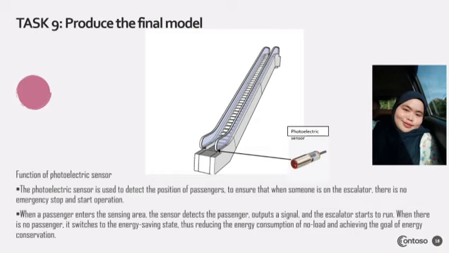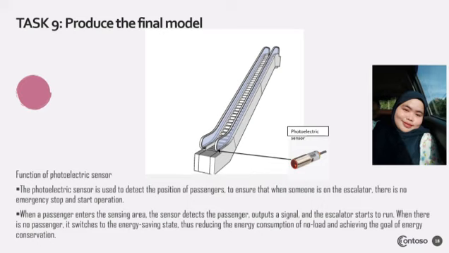For task 9, as you can see, this is our final model, and we put the photoelectric sensor in the escalator, as you can see in this photo. The photoelectric sensor is used to detect the position of a passenger when someone is on the escalator.